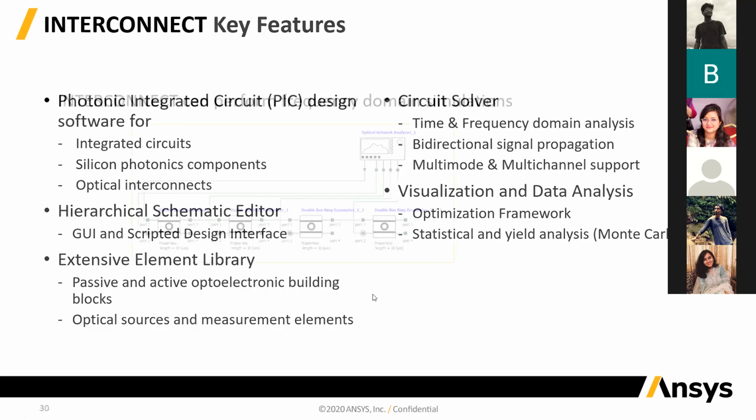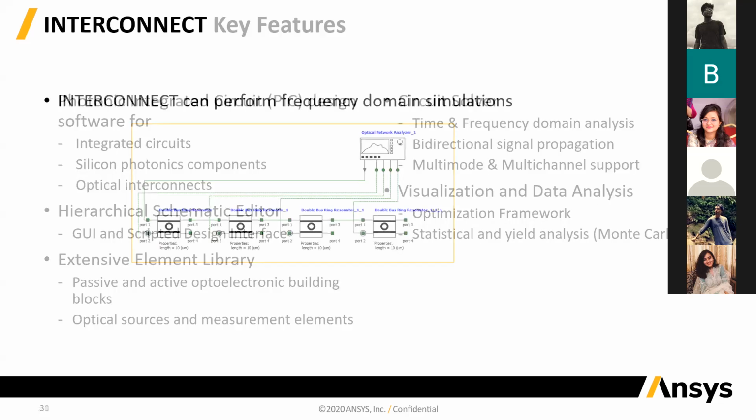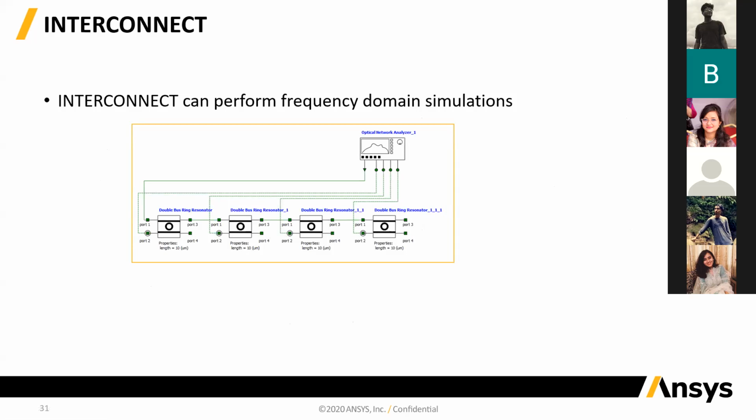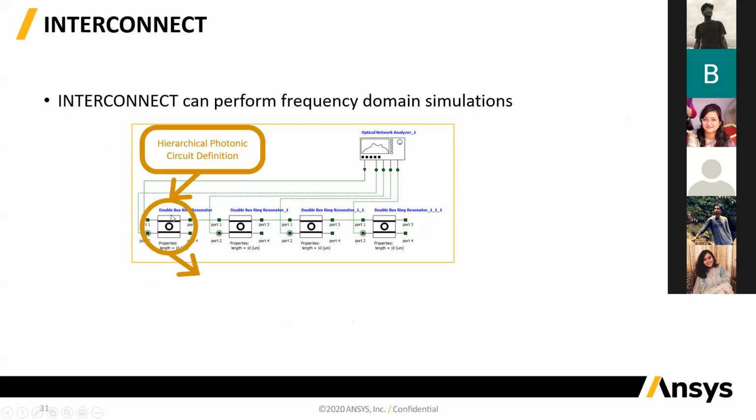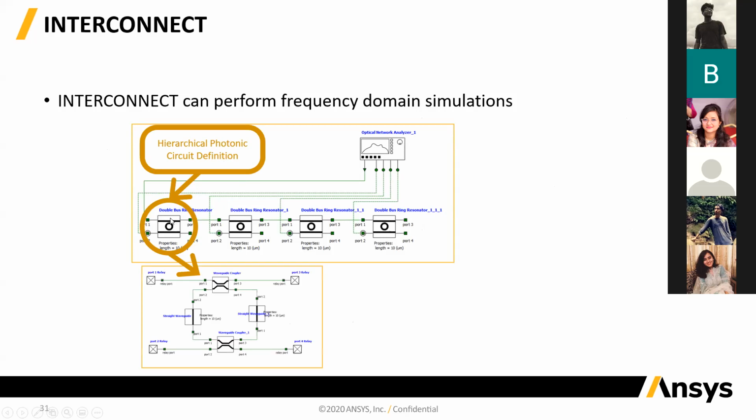Okay. So this slide shows that INTERCONNECT can be used to perform frequency domain simulations. And as I mentioned, you have hierarchical circuits. Here we have a compact model for a ring resonator, but a ring resonator is a very complex device. Inside it, you can see that you have couplers and waveguides.